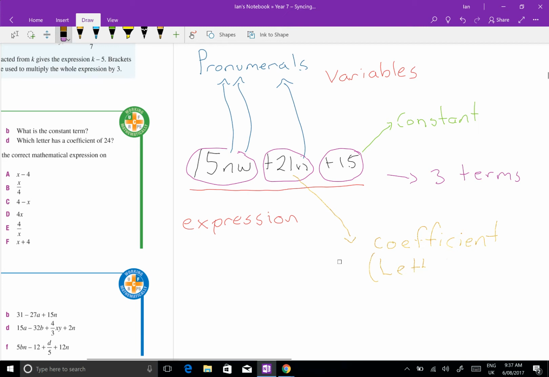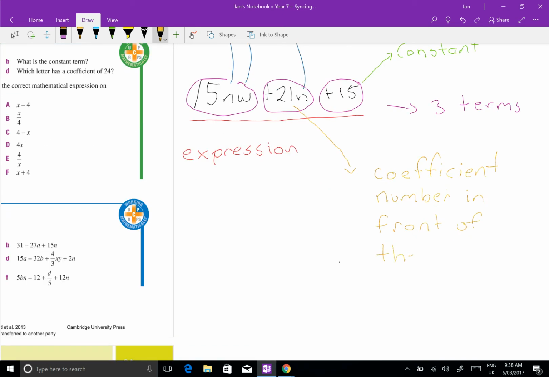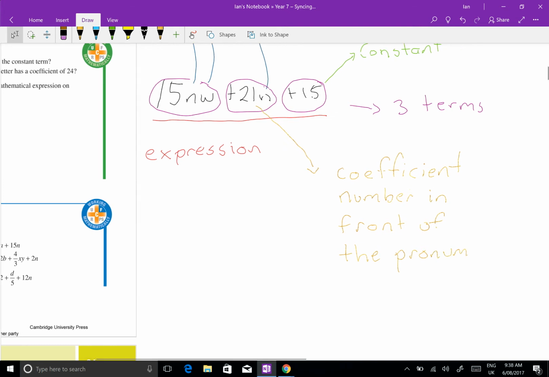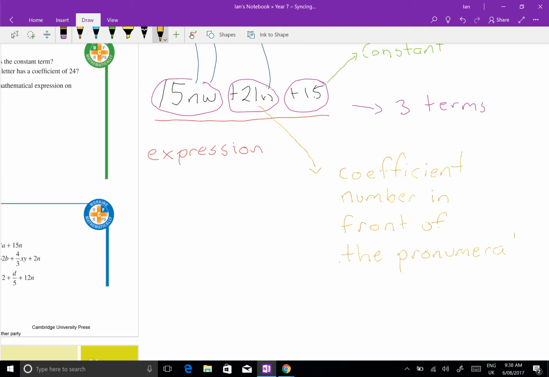The coefficient is the number in front of the pronumeral. So the coefficient of the N is 21. The coefficient of NW is 15.